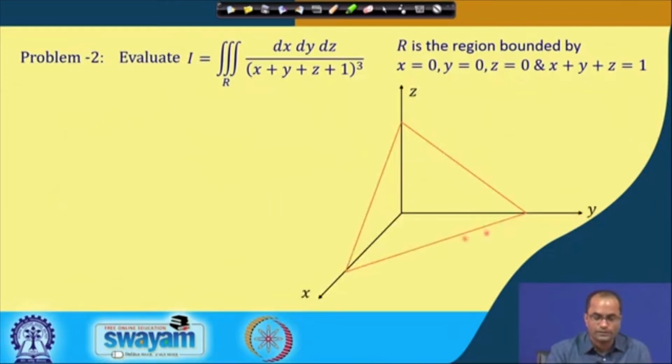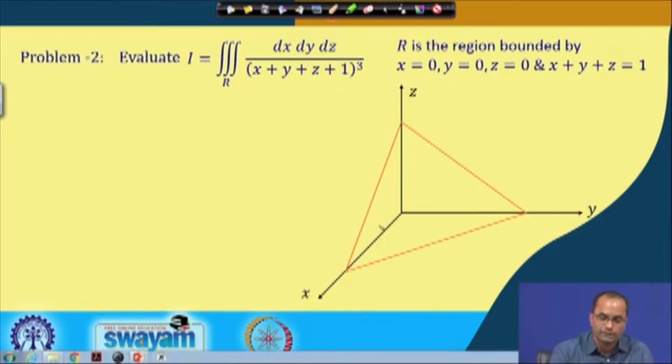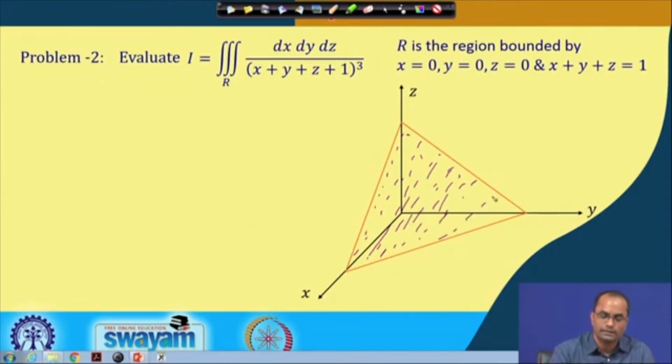So, this is the situation: the x axis, y axis and z axis, and then we have this plane which is given by x plus y plus z is equal to 1. So, we have the 4 planes, the 3 standard coordinate planes, and the plane x plus y plus z is equal to 1. Now we have to fix the limits for this region R.